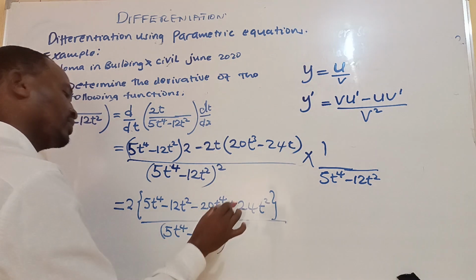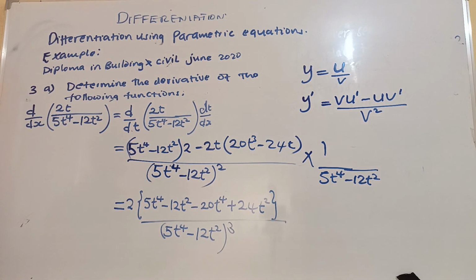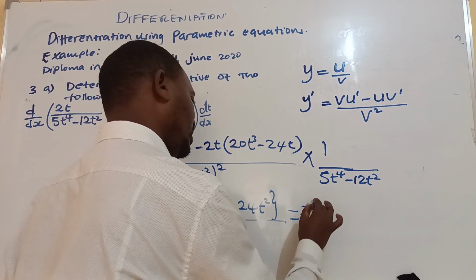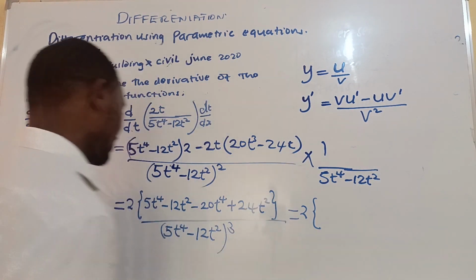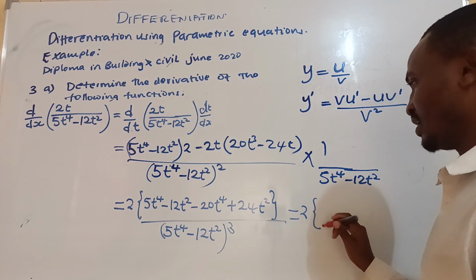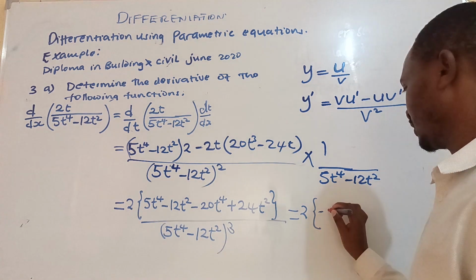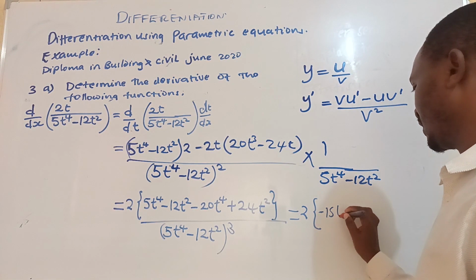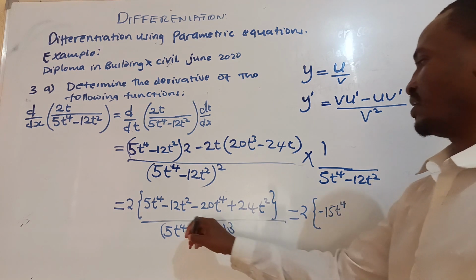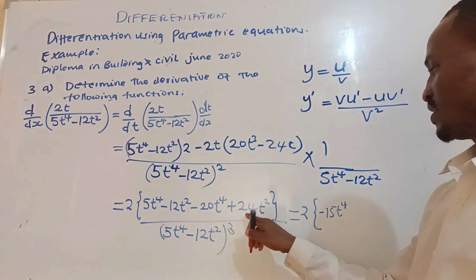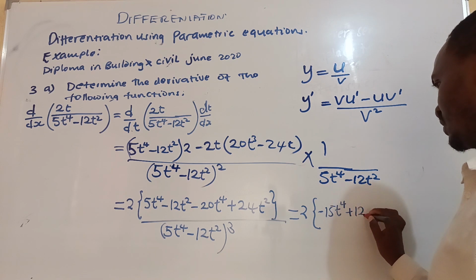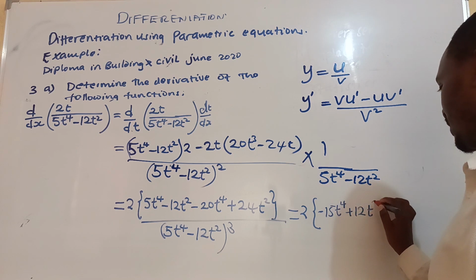So we are multiplying, we are going to add another term, which is now 2 into, let us simplify this. These are positive 5, these are negative 20, that is negative 15t to the power 4. These are negative 12, these are positive 24, plus 12t squared.